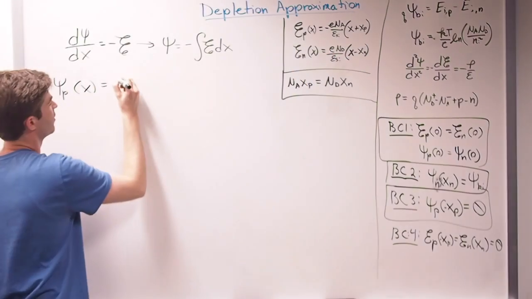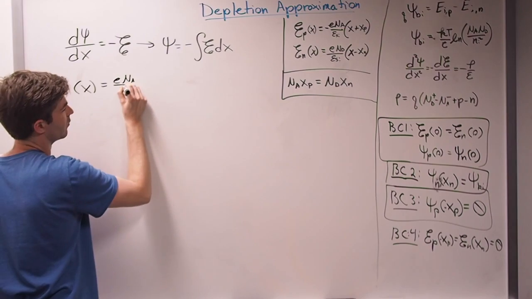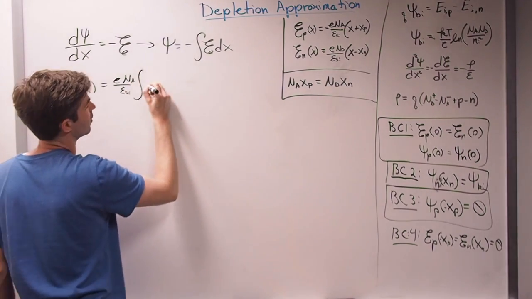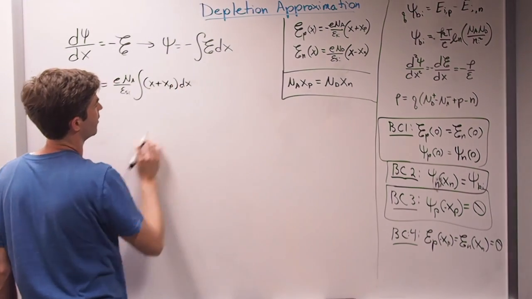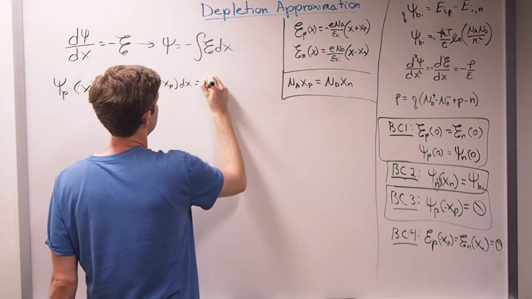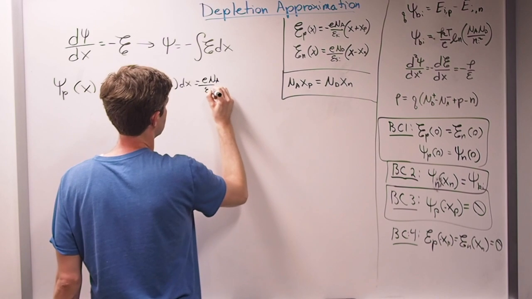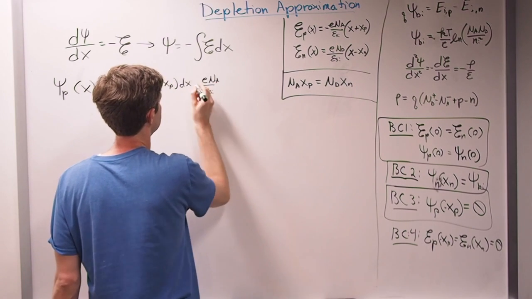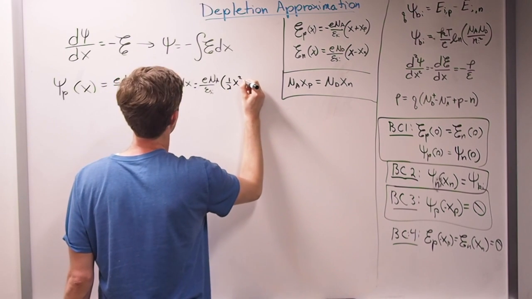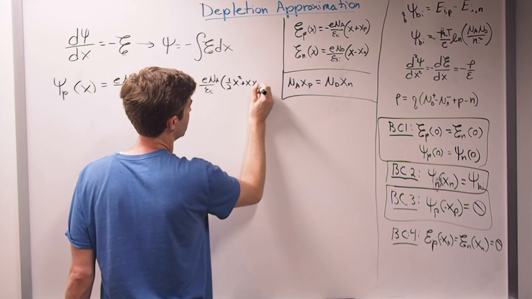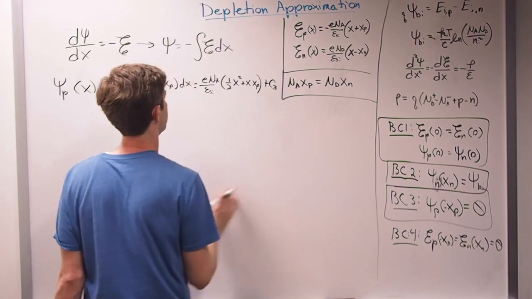So negative is a positive. It's going to be E N A over ESI integral of x plus xp dx. Well, that's just equal to E N A over ESI times one half x squared plus x xp plus c3.